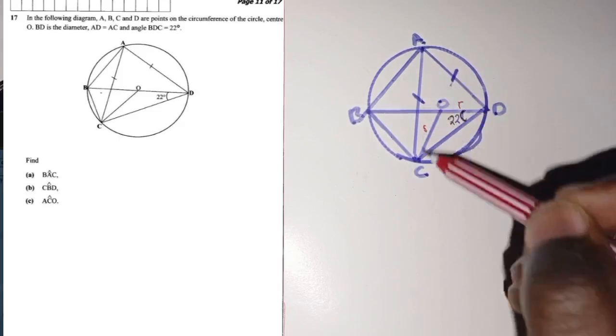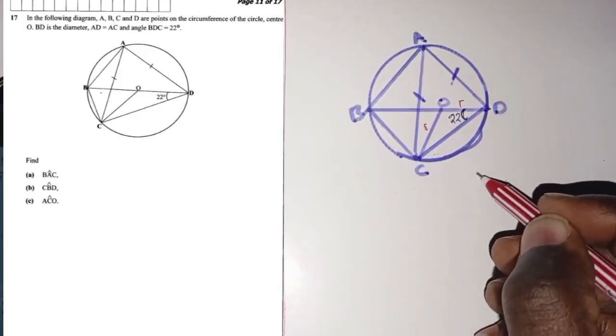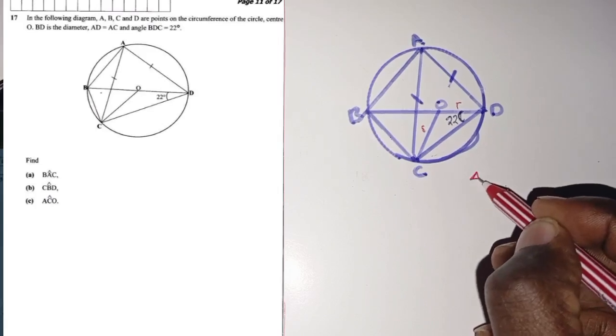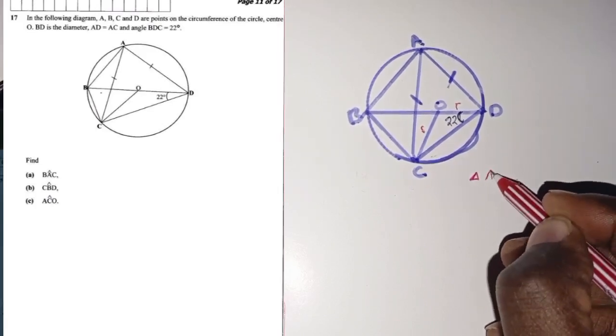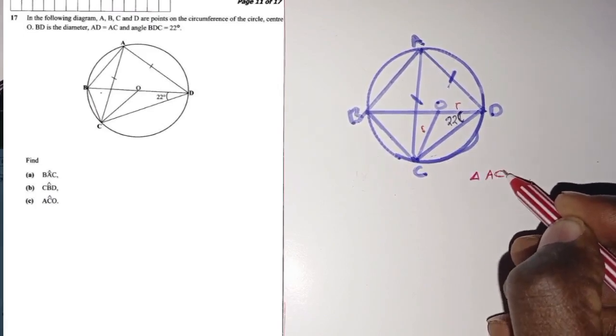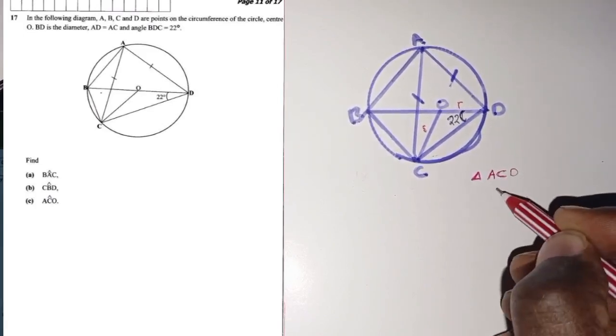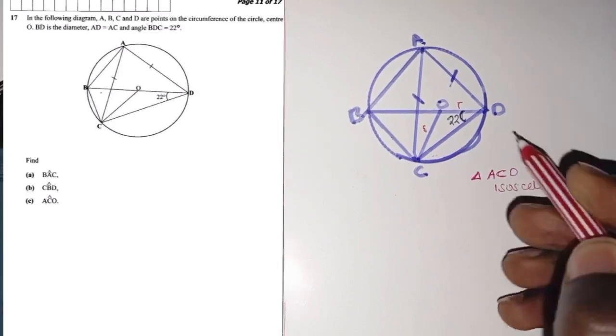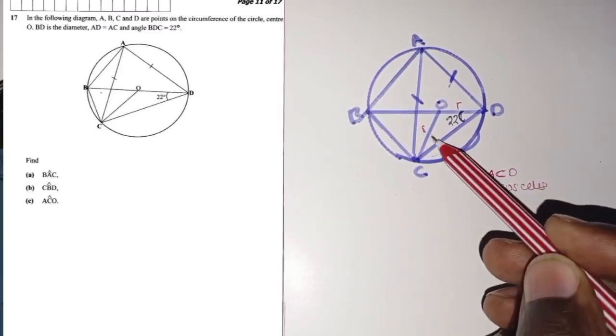Now remember, the triangle ACD is an isosceles. Remember what we said, in an isosceles, the base angles are equal.